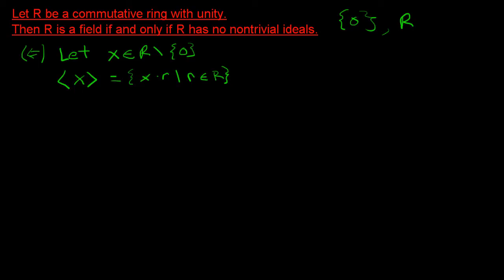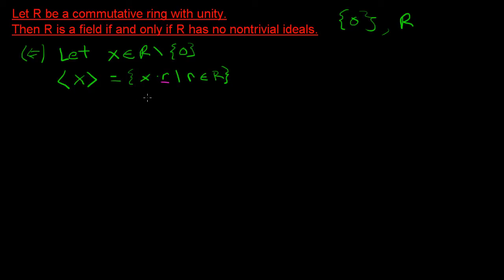So let's take a look at the possibilities that this set could be. Remember, we're assuming that we have no non-trivial ideals. So the ideal generated by this x is either 0 or it's R, the entire ring. Well, we've assumed that x is not 0. We also know that we have a unity element, so we could choose this r here to be 1.